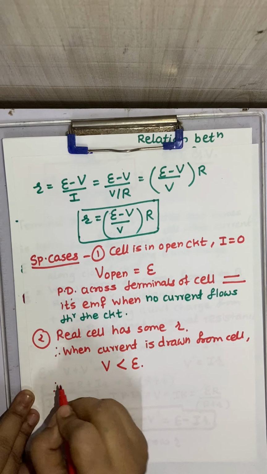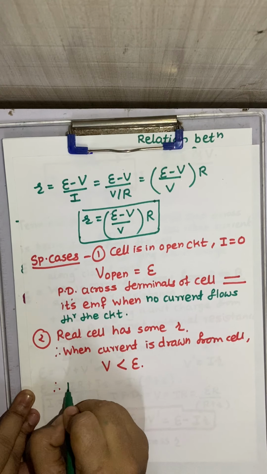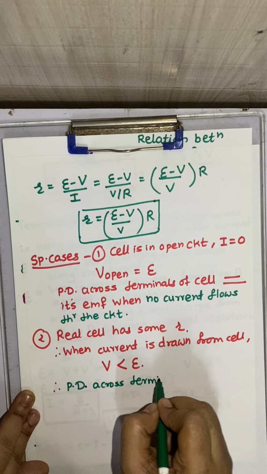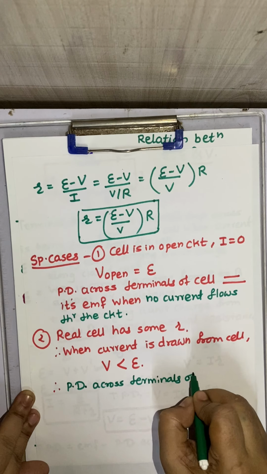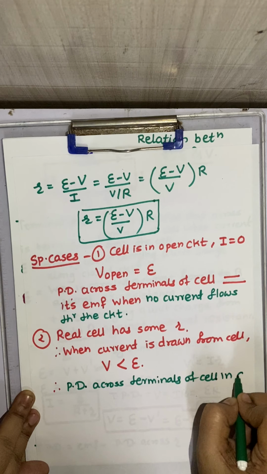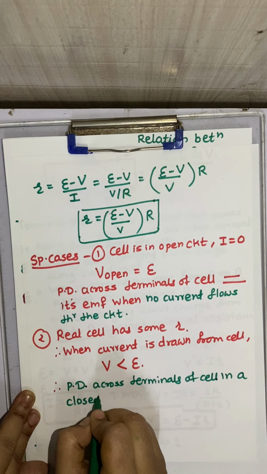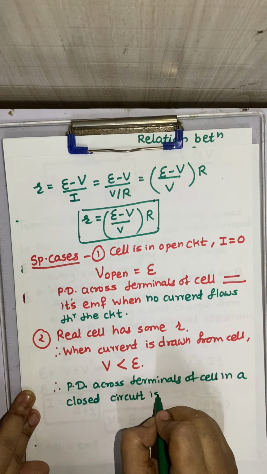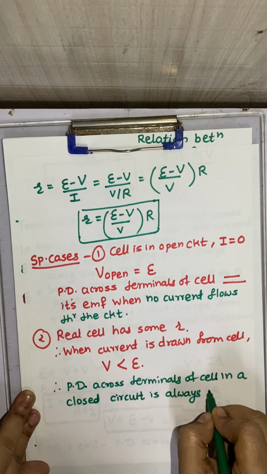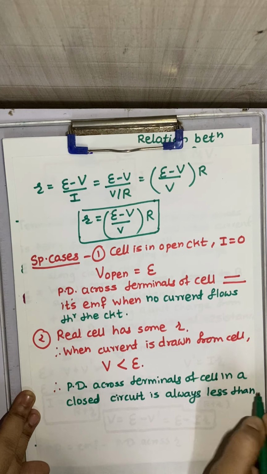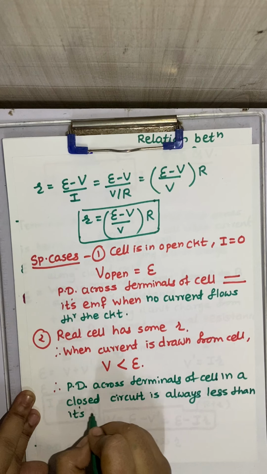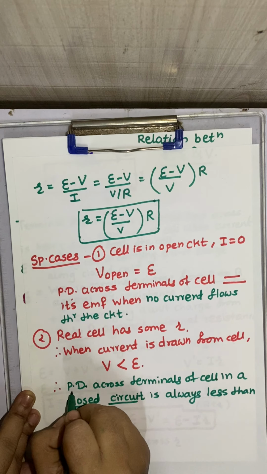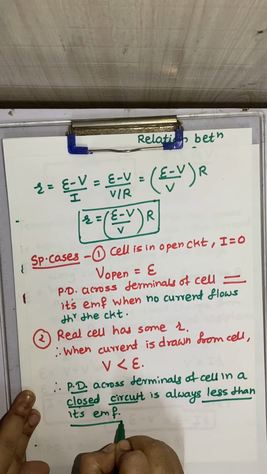Thus, I can say that the potential difference across the terminals of a cell in a closed circuit, this is very important, is always less than EMF. So in a closed circuit, the potential difference is always less than EMF.